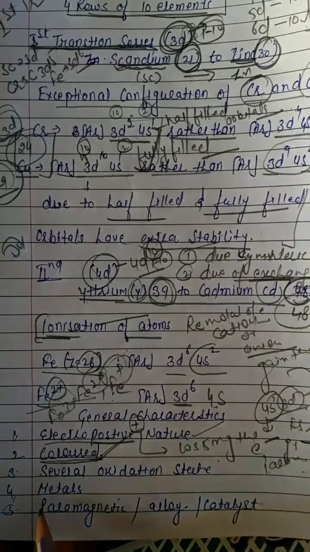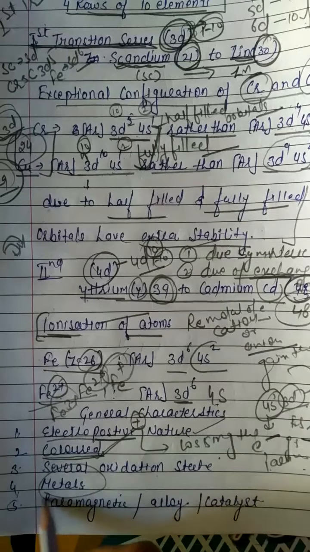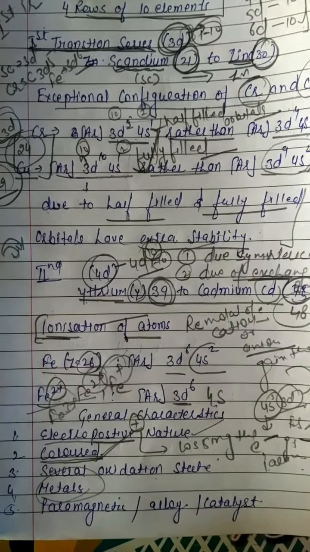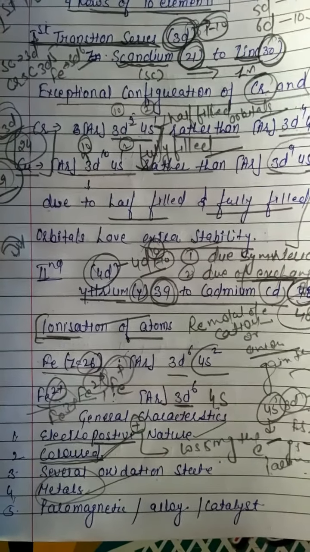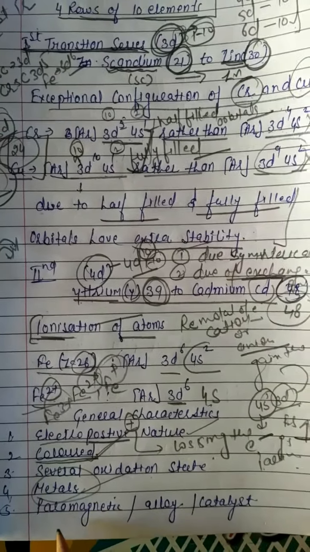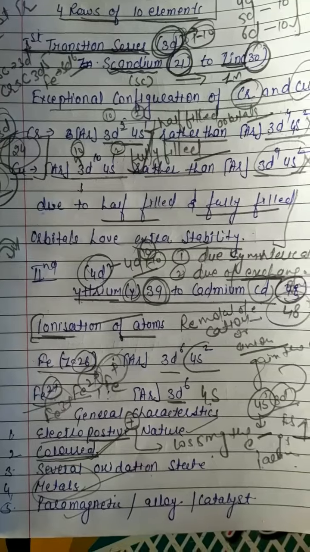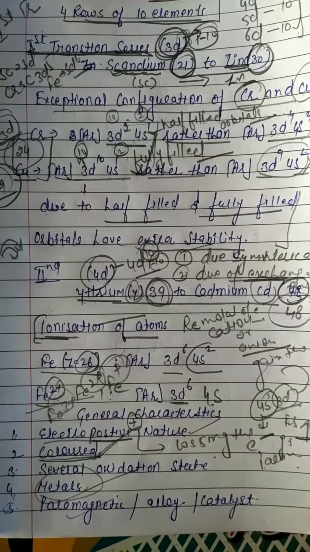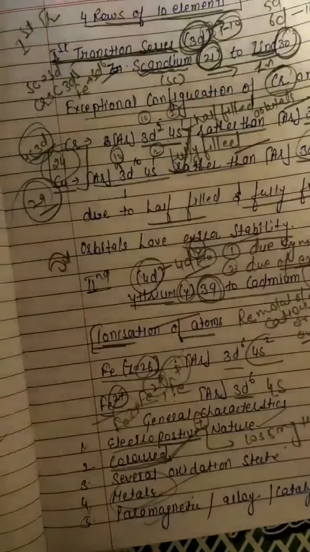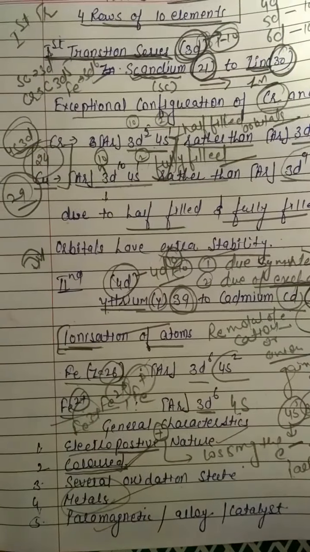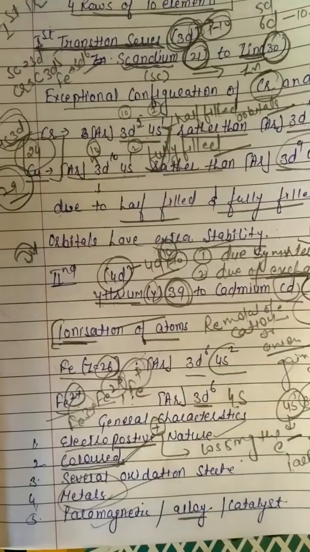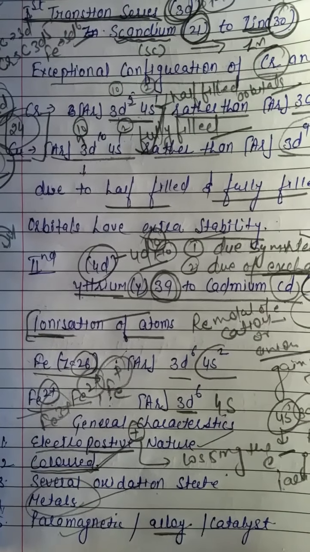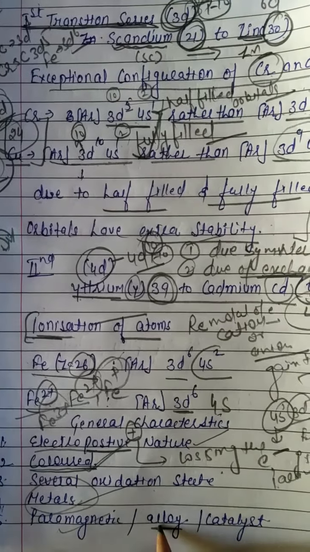And the d block elements are mostly metals. Next, they are paramagnetic in character. Paramagnetic means they have half filled or partially filled d orbitals. And they have a tendency to form alloys.